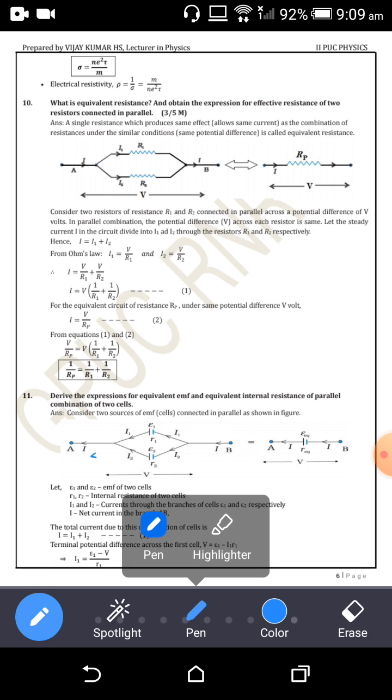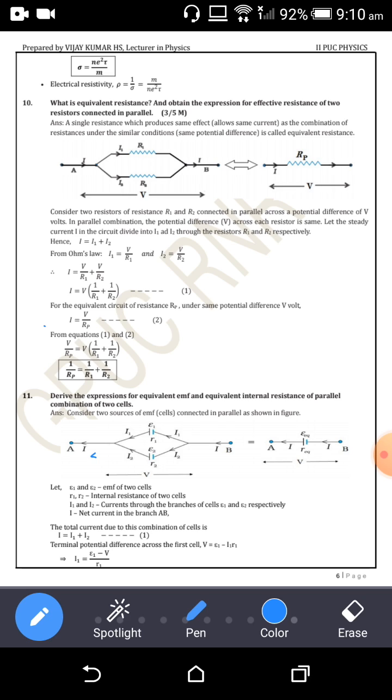I1 is the current through cell 1 and I2 is the current through cell 2. The potential difference remains the same. If the two cells are replaced by a single cell, the circuit will be like this: E equivalent and R equivalent, and I will be the current through it.